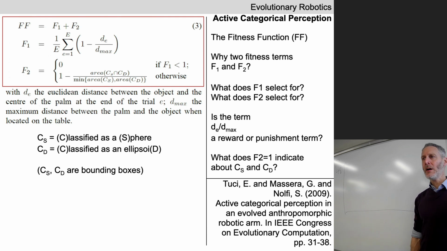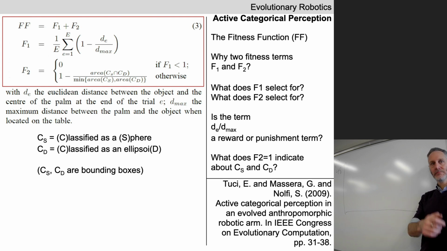How would we modify the fitness function to try and align the robot's felt perceptions with ours? How do we want to arrange CS, CD, and CC now? We want to make the cube feel more different for the robot than the sphere and ellipsoids feel, like for us.